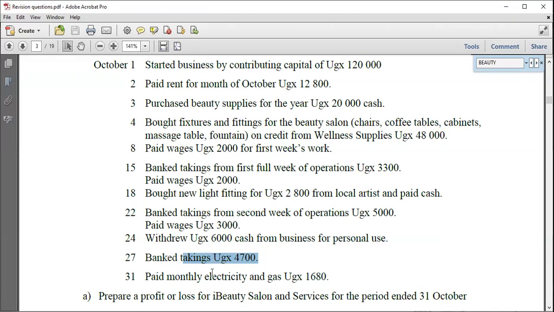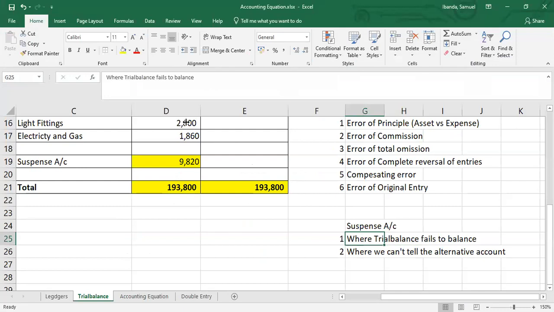You can go ahead to record this value in the suspense account, in a temporary account. You get it? Which at the end of the day, you have to make sure you clear when you find out the name of the alternative account, or when you're able to correct your trial balance. You get it? So it's good for you to know what a suspense account is.